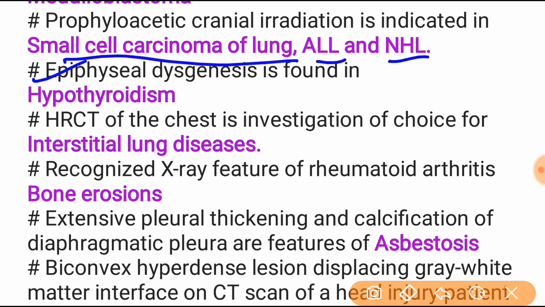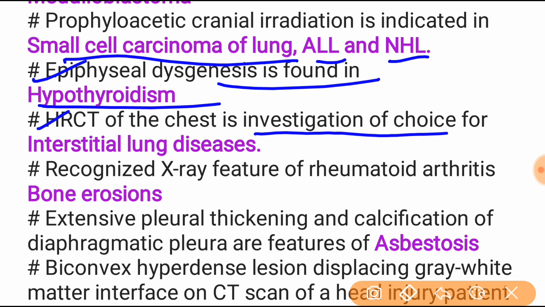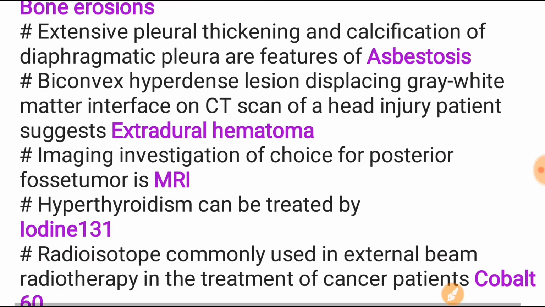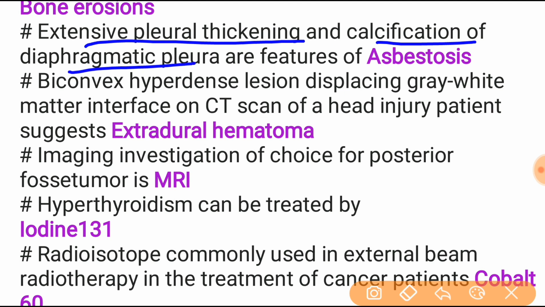Epiphyseal dysgenesis is found in hypothyroidism. HRCT of the chest is the investigation of choice for interstitial lung disease. Recognized X-ray feature of rheumatoid arthritis is bone erosion. Next one: extensive pleural thickening and calcification of the diaphragmatic pleura are features of asbestosis.